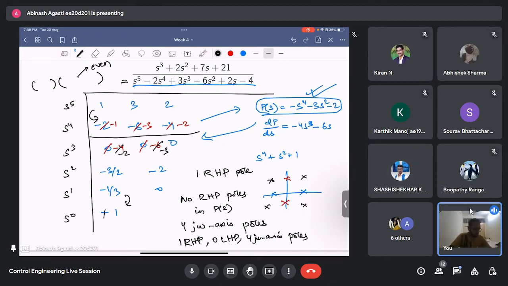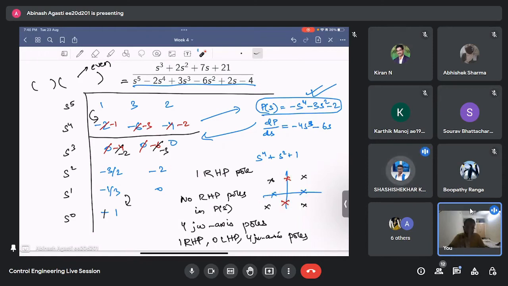because everything below this denotes this even polynomial, right? So for any even polynomial, what I am claiming is poles will be only of this fashion. Either they will be like this, or like this, or on the j omega axis.